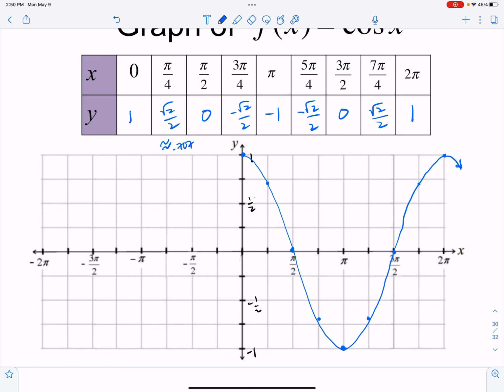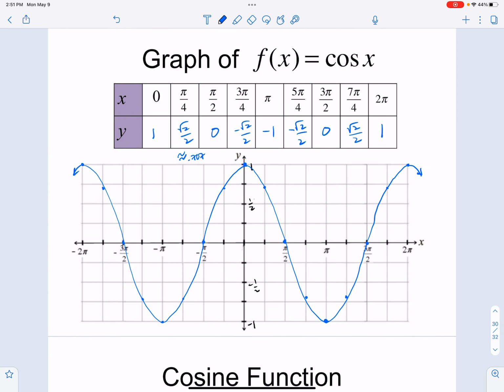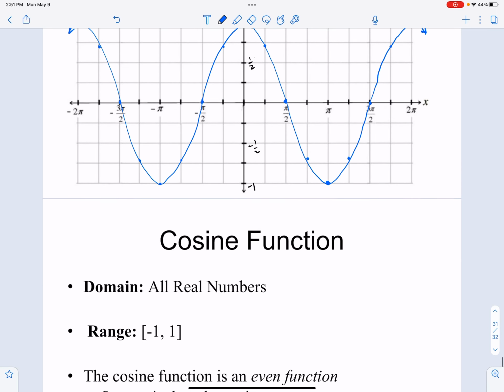Okay, so just like sine, we can extend the graph without having to think too much. Just extending the same pattern, the points. Drawing arrows to indicate the graph extends in both directions forever.